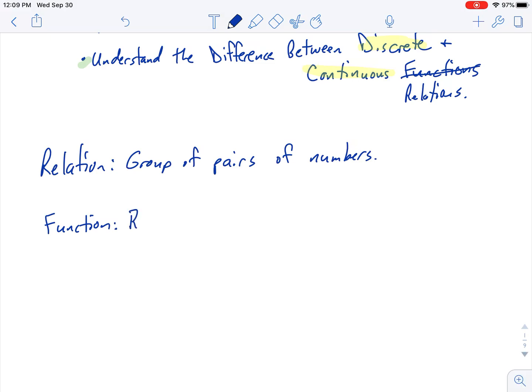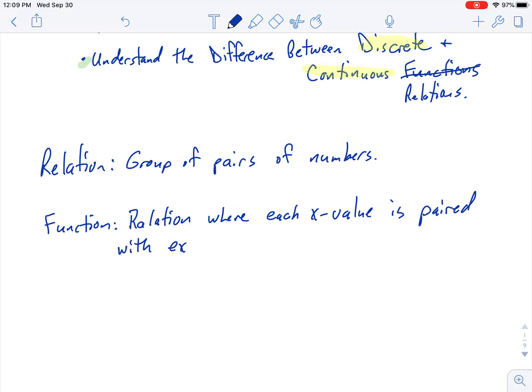So I'm going to start the definition of function. It's a relation where each x value is paired with exactly one y value.